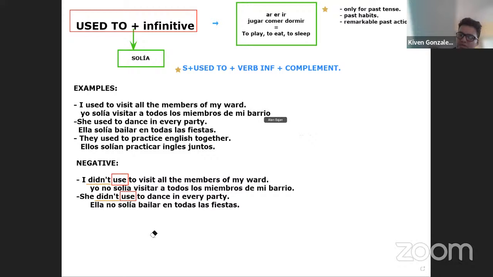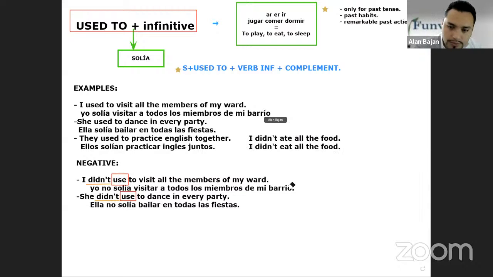Can you repeat, teacher, please? I was saying that you don't need to add the D to the used to because we have the auxiliary didn't. And it's basically a simple past sentence like these ones.